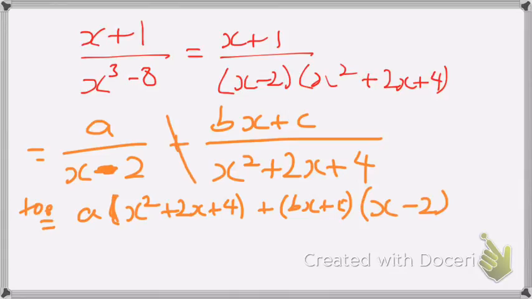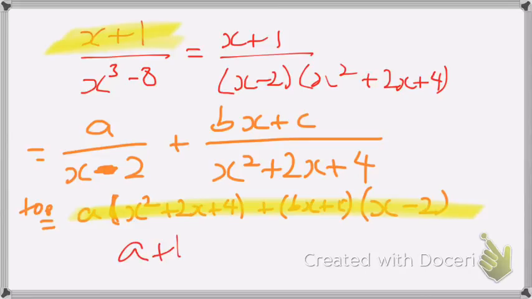And then I compare, and then I equate the coefficients here with the top. So the coefficient of x squared must be 0, which means that a plus b must be 0.